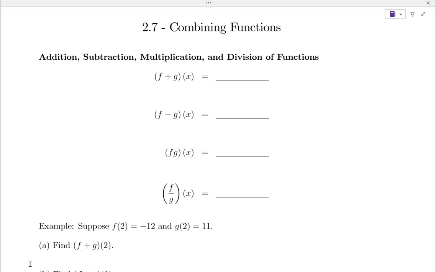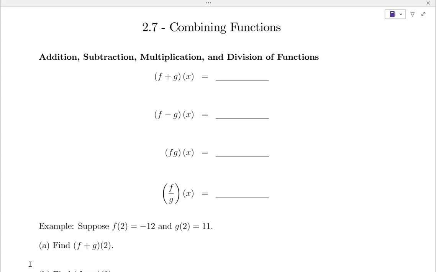All right. Well, let's talk about new stuff today. Basically, creating new functions out of old ones, if you will. So that's what section 2.7 is all about, is combining things. So the first part of this section is doing arithmetic, if you will, with functions.